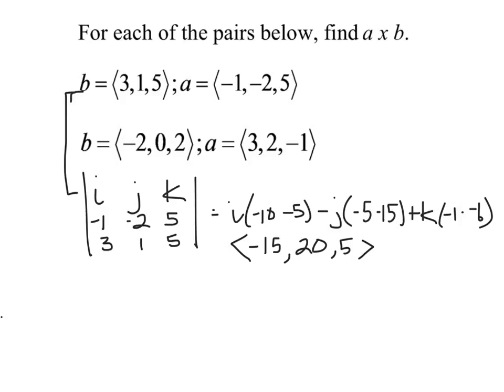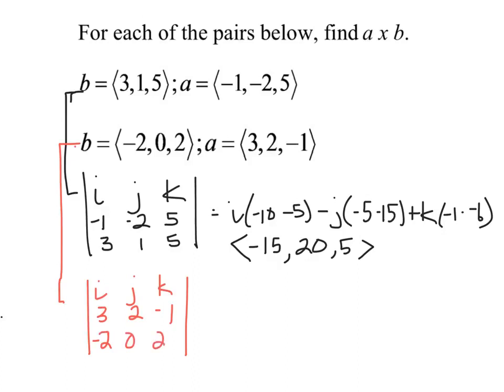All right, let's do the second one. We'll do it right here. So I, J, K, and then 3, 2, -1. Okay. So I is going to be 4 minus 0.